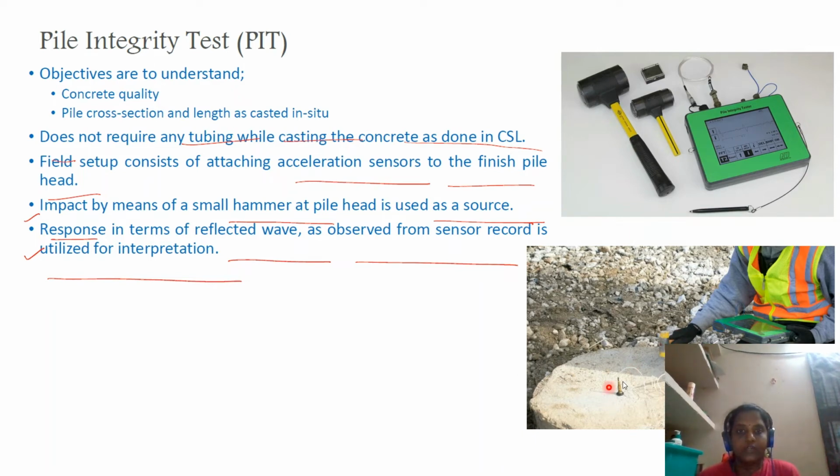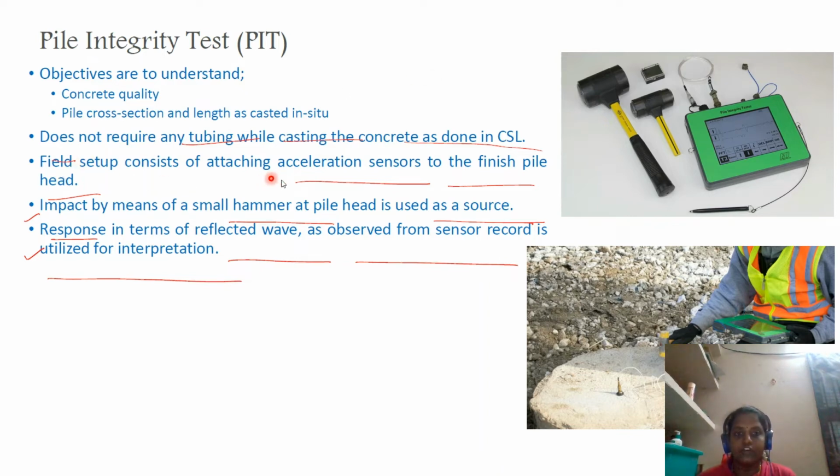You need not give any special arrangement. You have a hammer and an analyzer. Again we are going to find out the concrete quality and the pile cross section and length, the same as the objective of the sonic logging. It does not require any tubing while casting the concrete as done in our CSL.